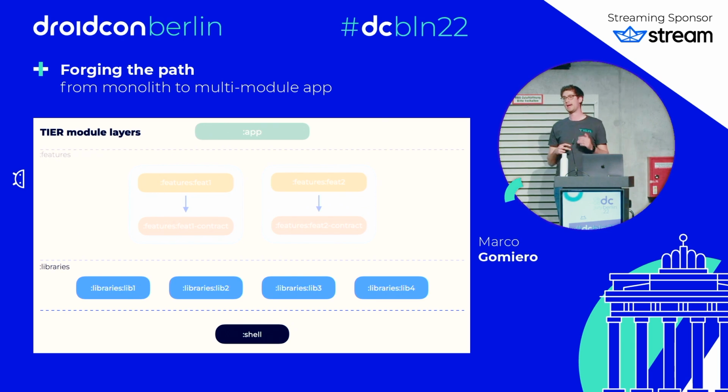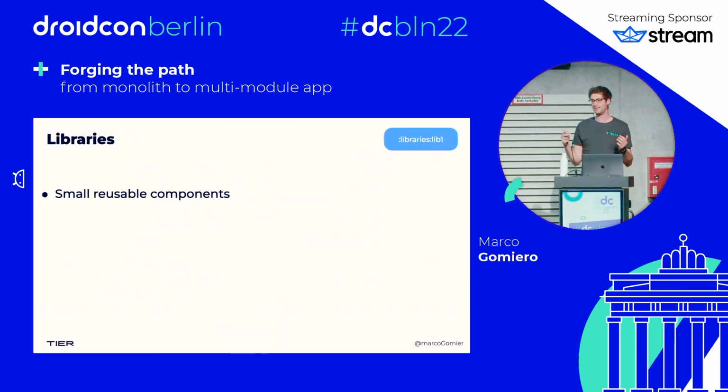Now we move up and reach the libraries layer. Like the name suggests, in here there are libraries, modules that abstract specific functionalities, again for example login and feature flagging and stuff like that.